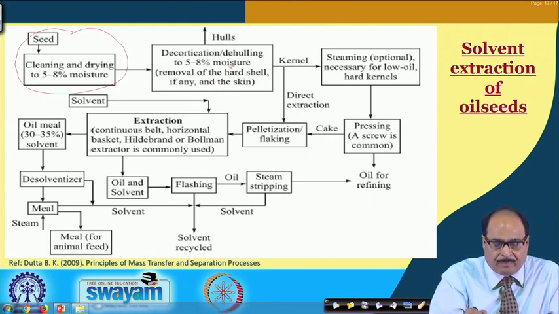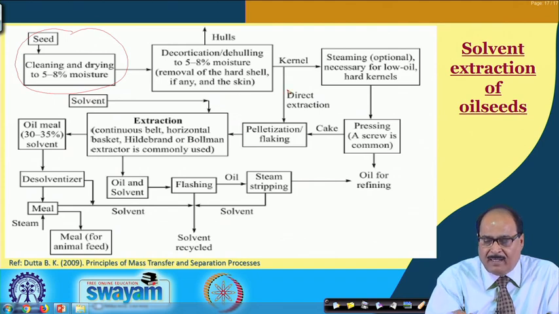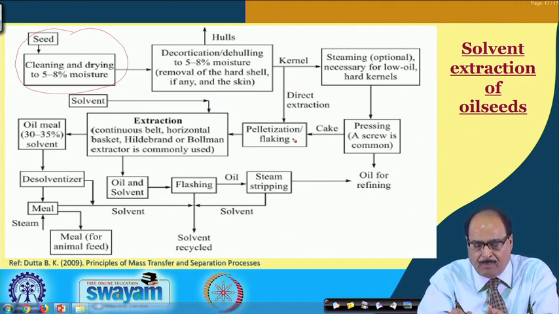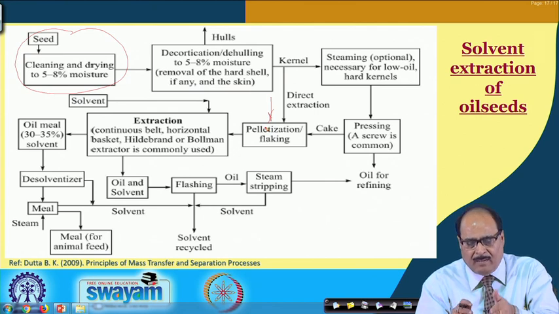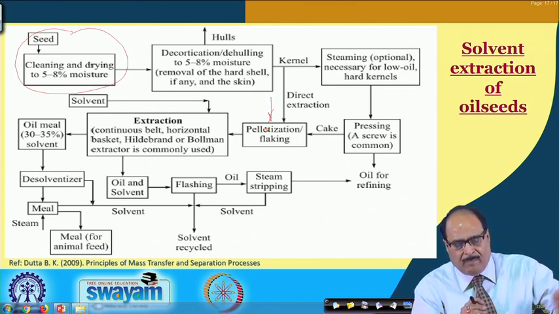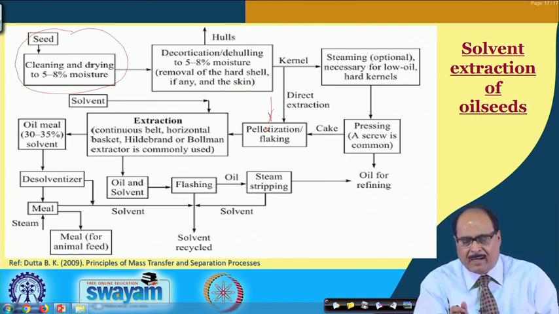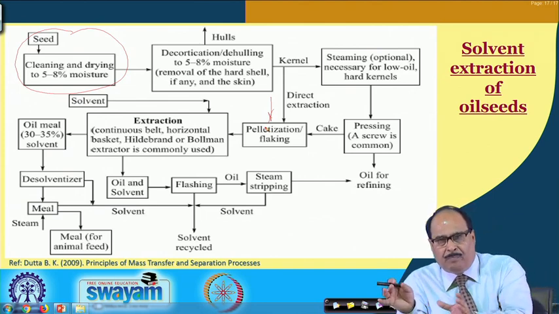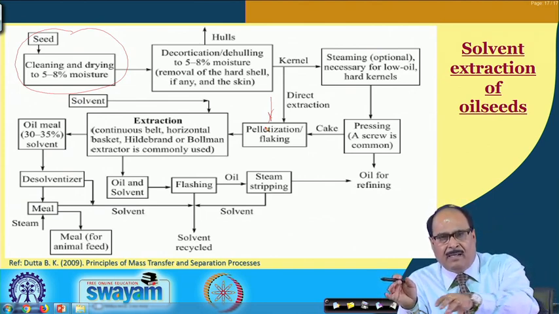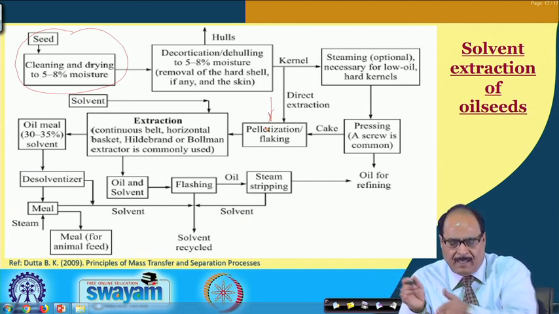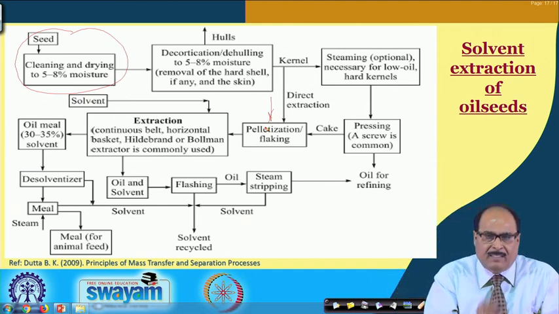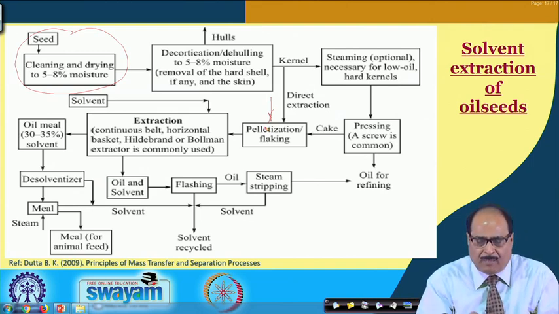These dehulled materials may directly be fed to the solvent by pelleting or flaking, or in the pre-press solvent extraction method, part of the oil is removed by using a suitable press, and then this press cake is sent to the flaking unit or pelletizing unit.